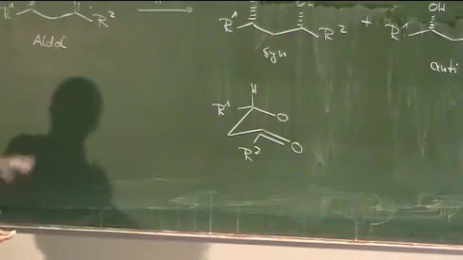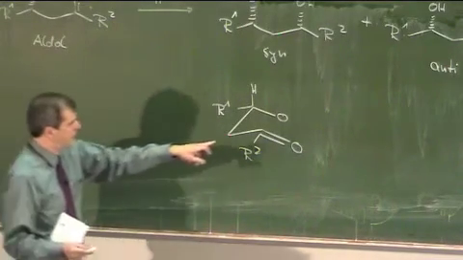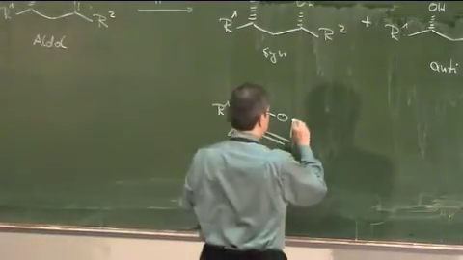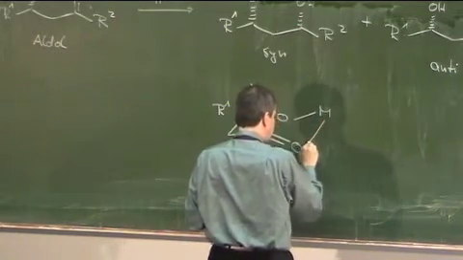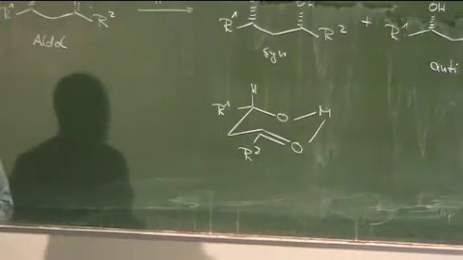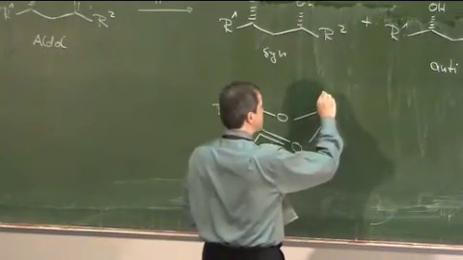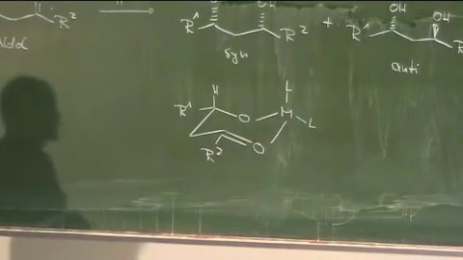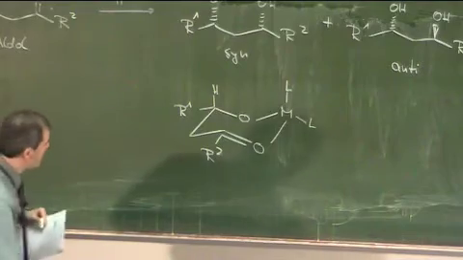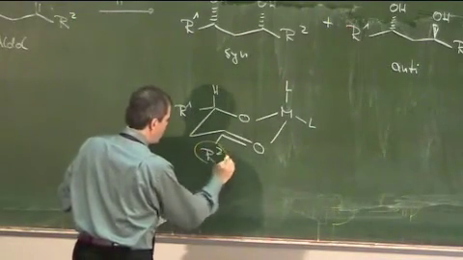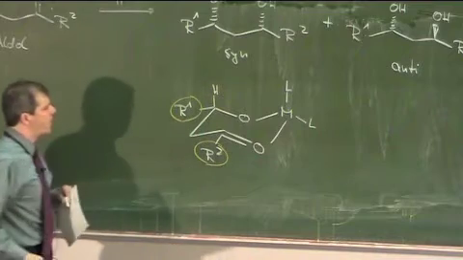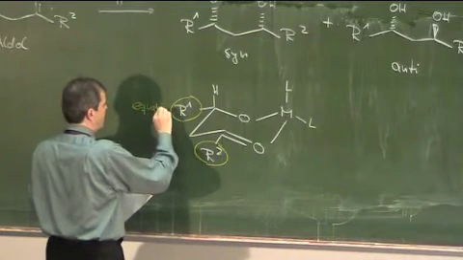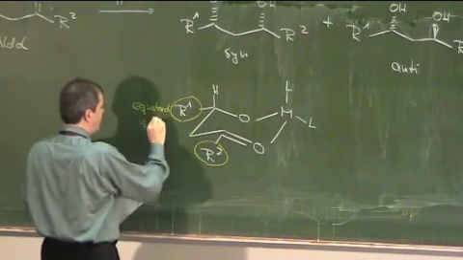If you draw your diol starting here in a chair-like conformation, and if this is coordinated now by some kind of metal, you have that controlled arrangement where placing these groups in equatorial position is favored.